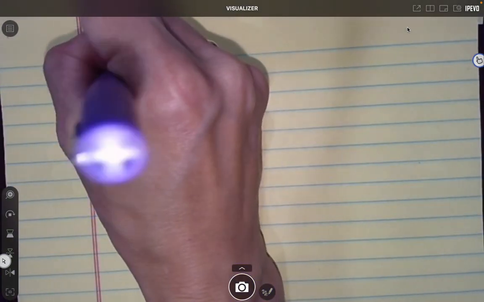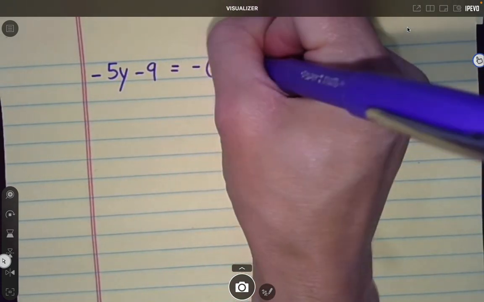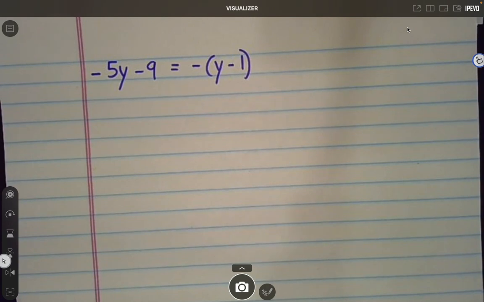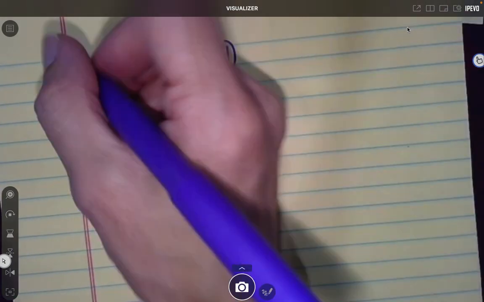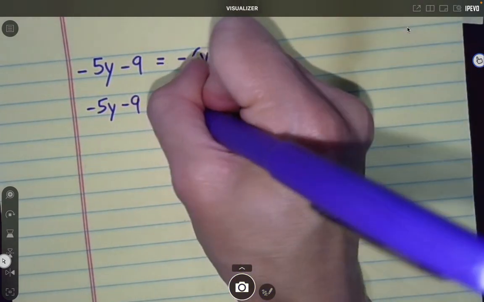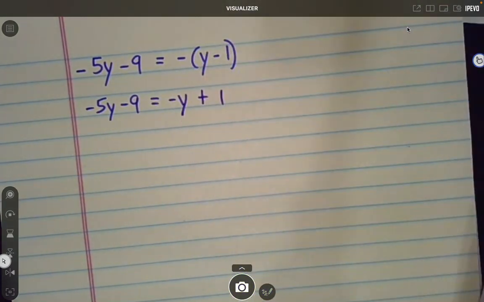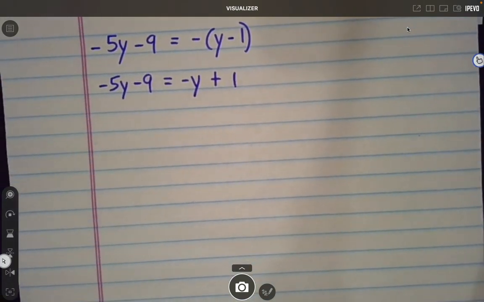All right, number 10 says negative 5y minus 9, and then I have a negative outside of the y minus 1. What do I do with that negative sign that's out here? Distribute it. Are y'all paying attention? So I get negative y plus 1. Do y'all understand where the plus sign came from? Negative times a negative. Then what do I do?